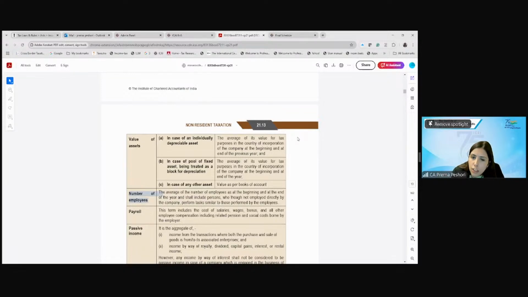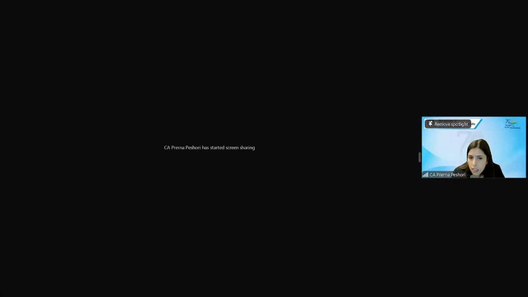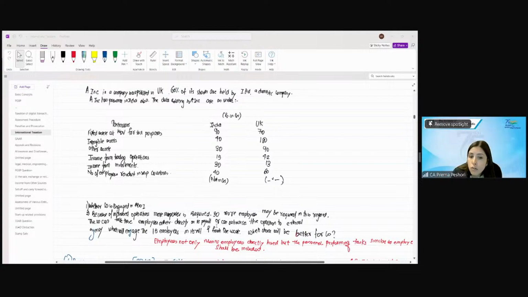So it's just the number that matters, 15 employees versus 30 employees. It doesn't matter whether they hire on their own payroll or on the payroll of some other external company. So employees not only means the employees directly hired, but the personnel performing the task similar to employees shall also be included.